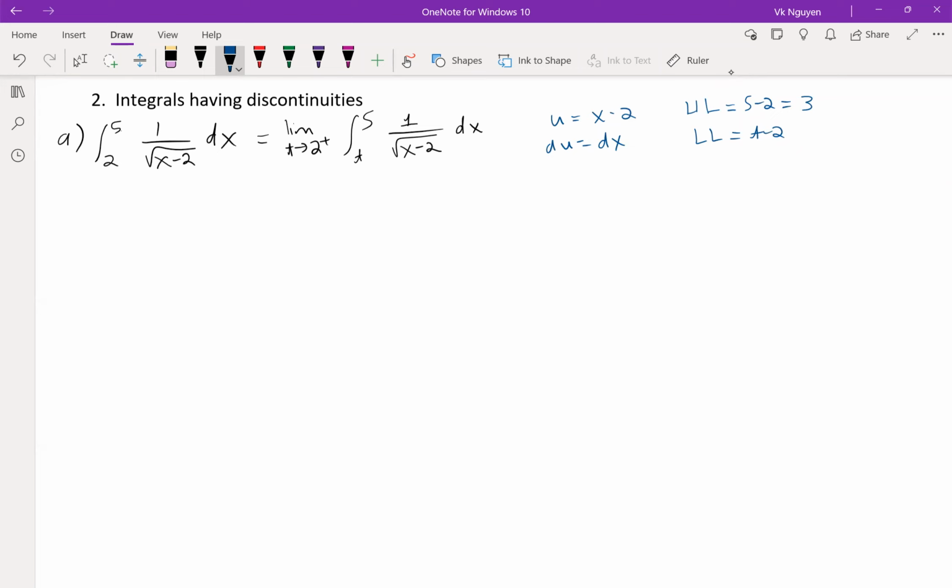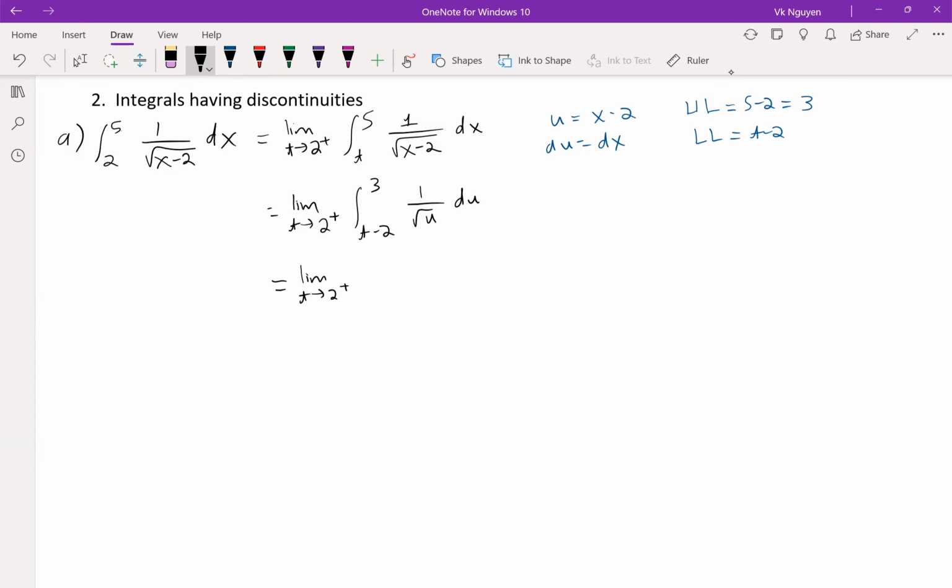So the limit as t approaches 2 on the right side of the integral from t minus 2 to 3 of 1 over square root u du.